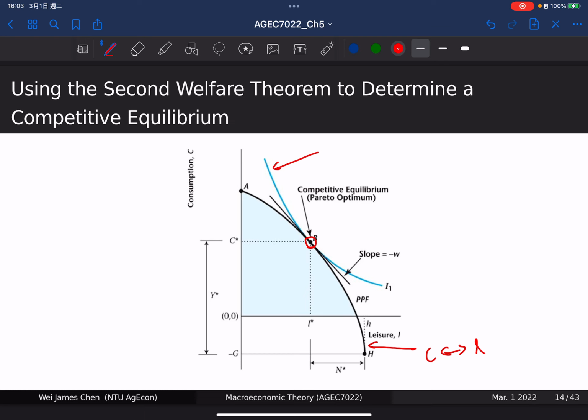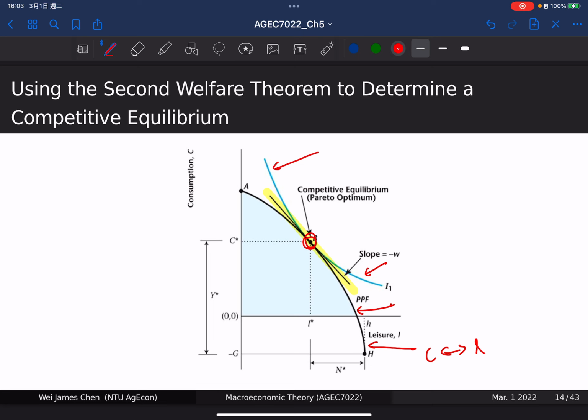You just do a constrained maximization. The constraint is this, and your maximization function is this, and you can find this point B. Given point B, you can find a straight line tangent to it. Then you ask for the slope of that line.